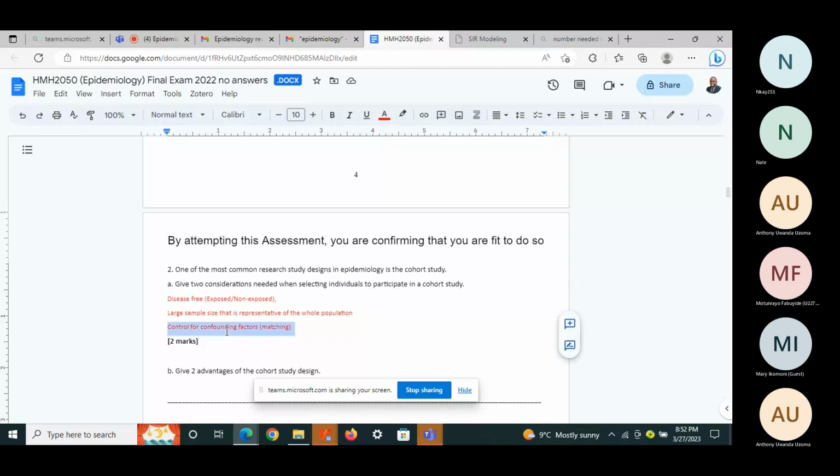It is a confounding variable because it can affect both the outcome and the exposure too. So for you to control for confounding, this matching means that you select people with similar profile in alcohol intake.